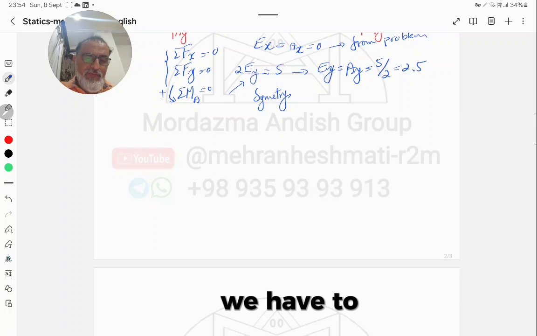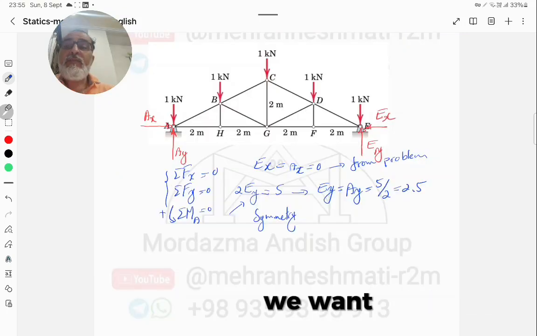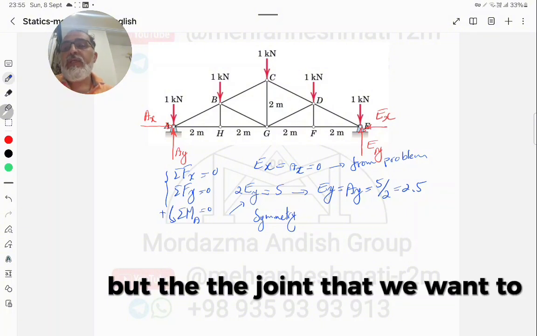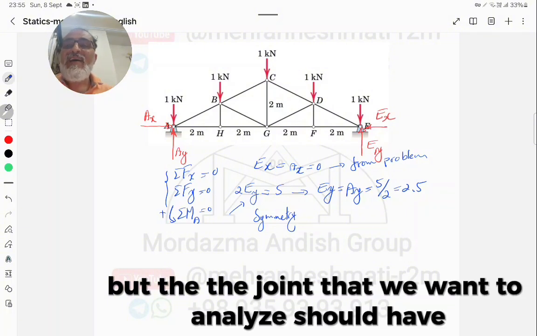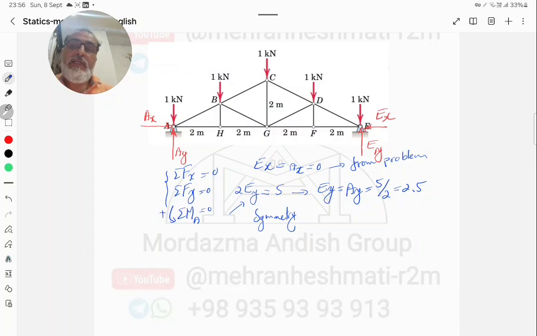Now we have to find all forces of the members one by one, but the joint that we want to analyze should have only two unknown member forces.